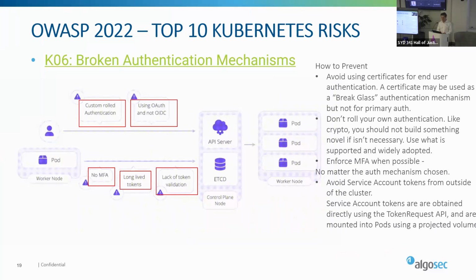It's always good to have some of them implemented. Service account authentication can be presented to the API as an authentication mechanism when configured with RBAC appropriately. And the other is avoiding using certificates for end user authentication.